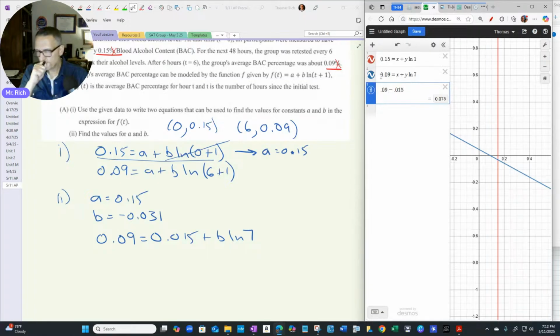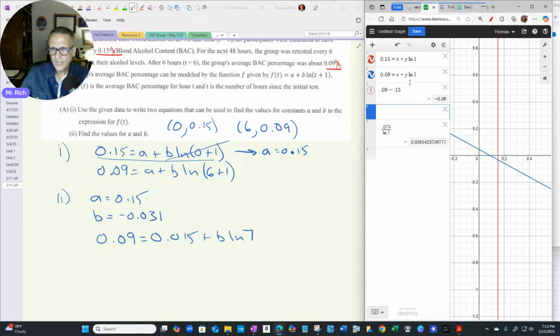Okay. So I'm subtracting that over. I get that answer 0.075. And then I would be dividing that by the natural log of 7. And now let's see, that doesn't look like it gave us exactly what we wanted. That's because I subtracted 0.015. 0.15. There we go. Which is negative 0.06.